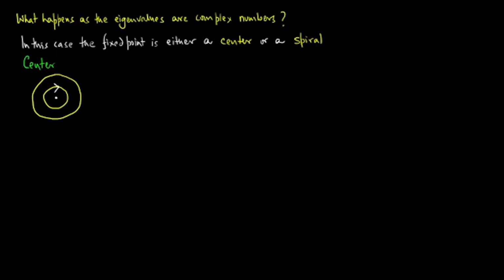So that's what typical centers would look like. Now we plot a spiral. Essentially, the trajectories spiral inwards.